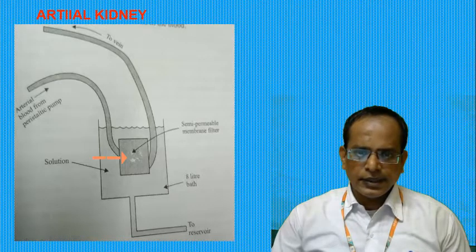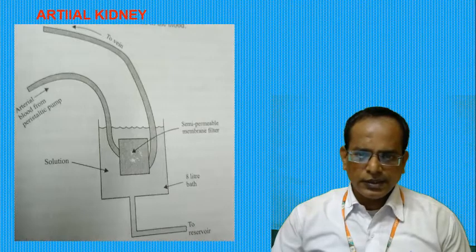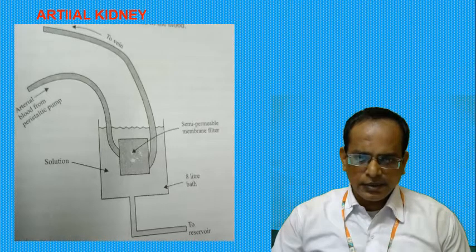That means it will allow the filtration. Any unwanted, excess minerals are removed by the semi-permeable membrane, which removes the unwanted and toxic material from the blood using the osmosis method. These waste products go towards the drain.